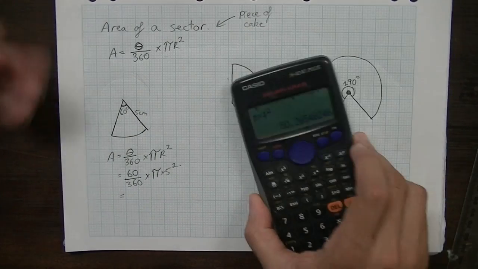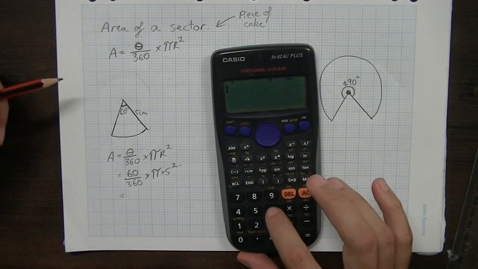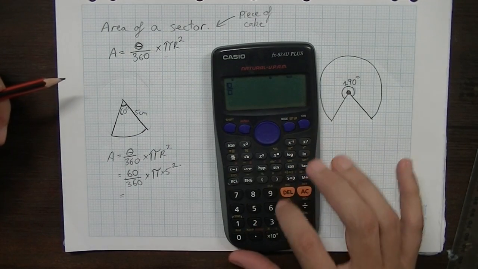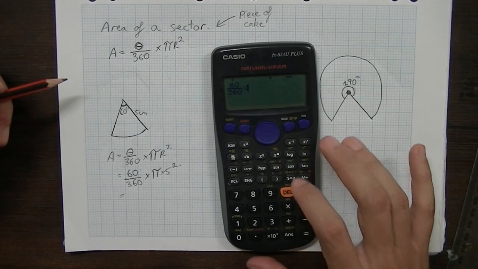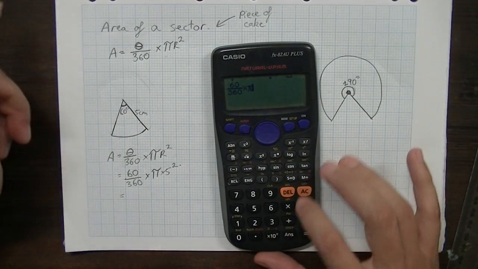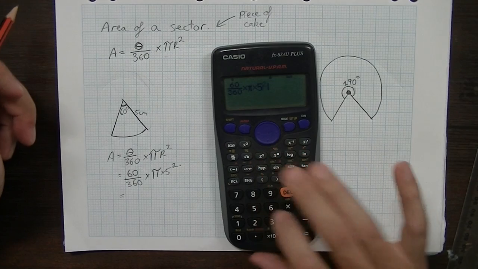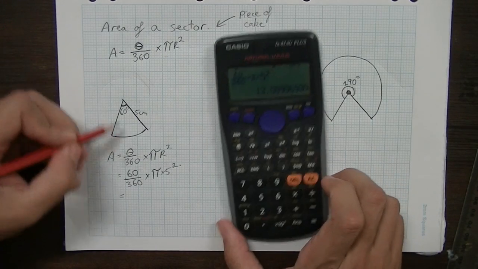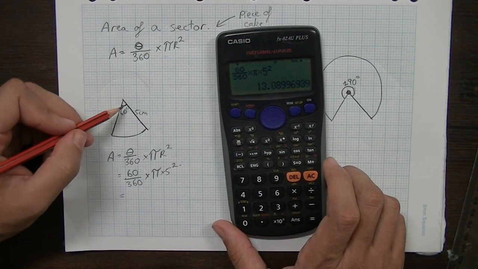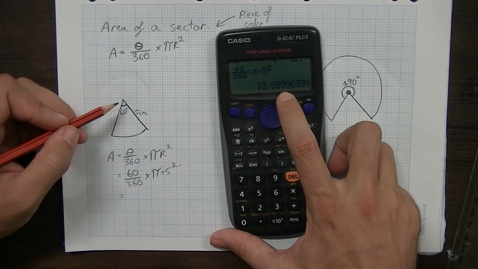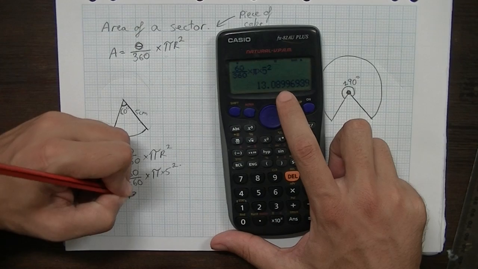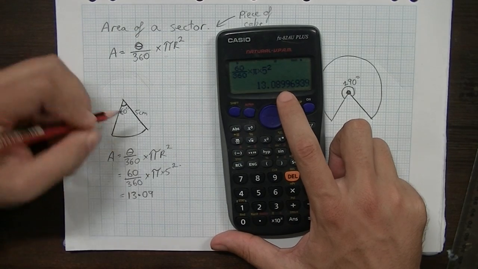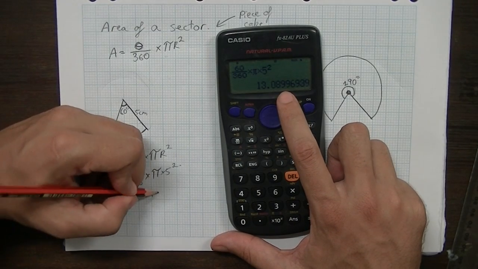And it's really just going to be typing that into your calculator now. 60, I'll use a fraction there, 60 over 360 times pi times 5 squared. And we get an area here of 13.089. Round that up to 2 decimal places, that's 13.09. And it's an area, so it's centimetre squared.